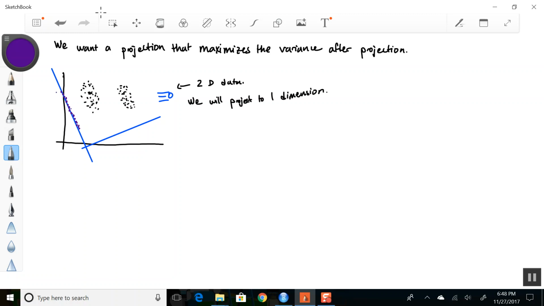And if I were to build a histogram, it would probably look something like that. I don't know.